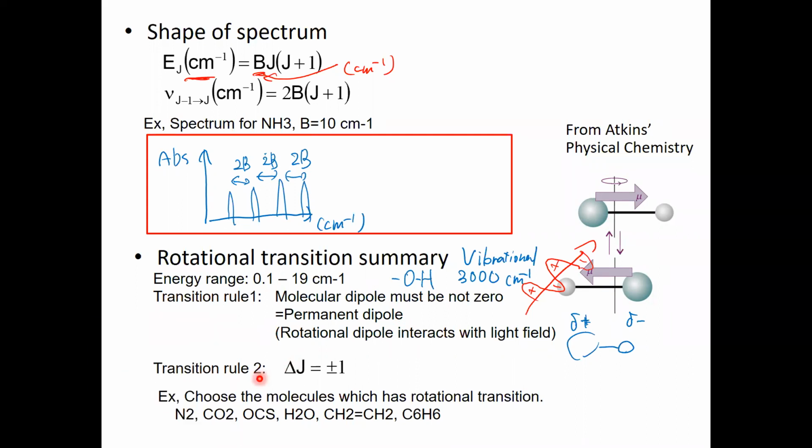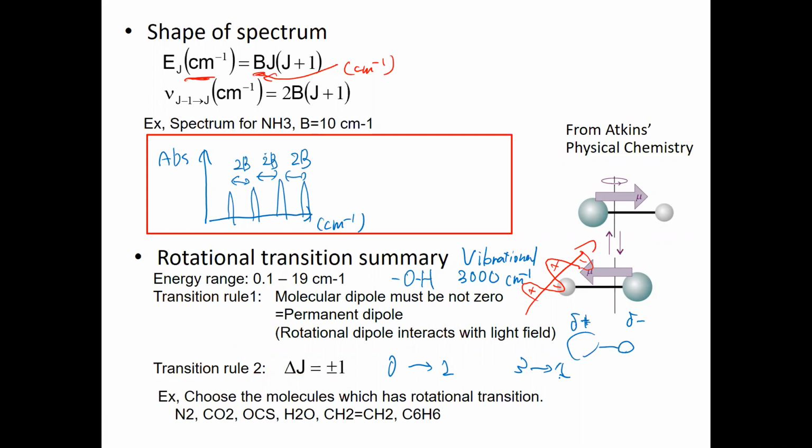Here's the second transition rule, which is that the quantum number J must be changed by plus or minus 1. So you cannot change from J equals 0 to 2, or 3 to 1, or something like this. You cannot jump.